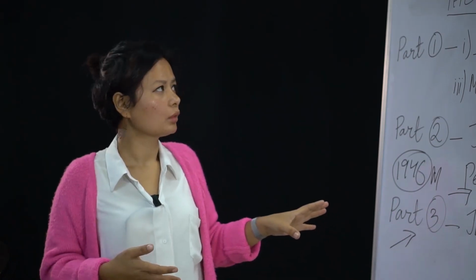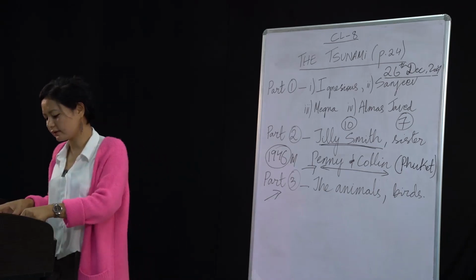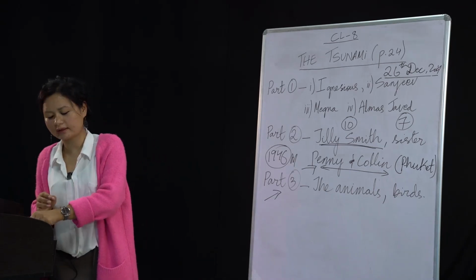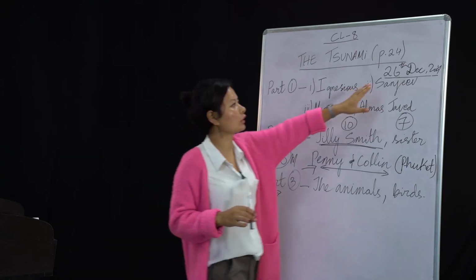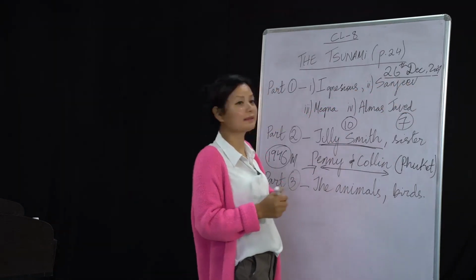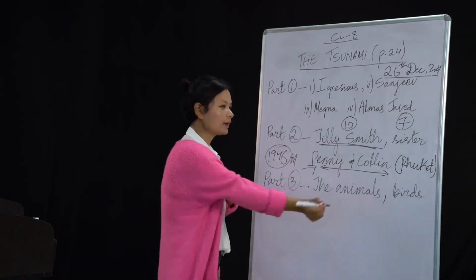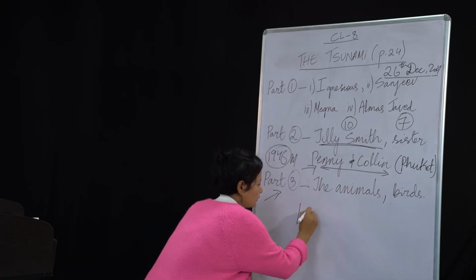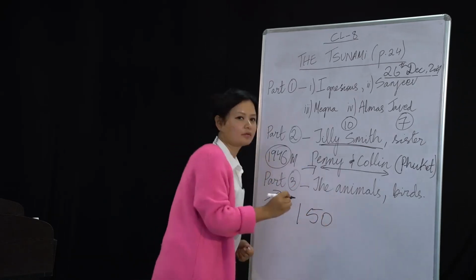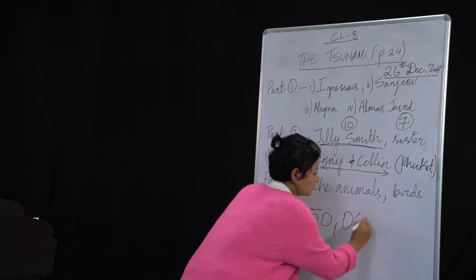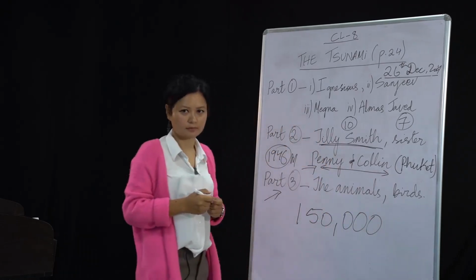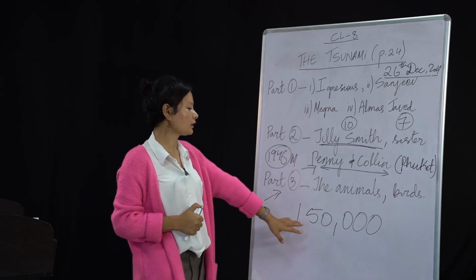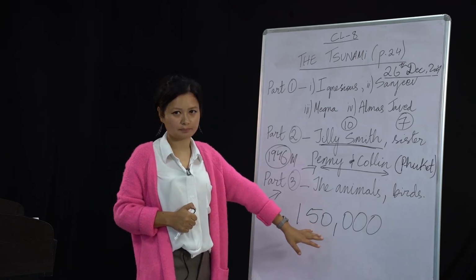Okay, so when we look into different incidents from the textbook, it is said that in the tsunami of 26 December 2004, 150,000 people lost their lives. Students, 150,000 is a lot of people, isn't it?